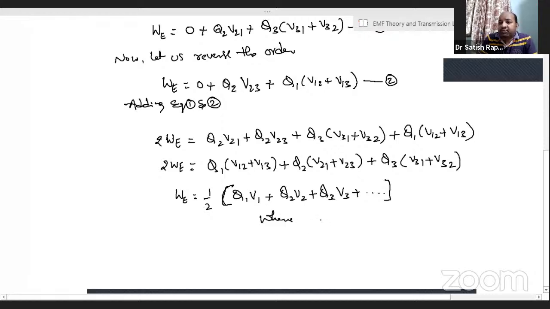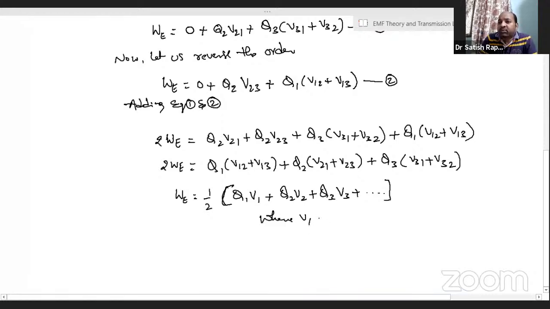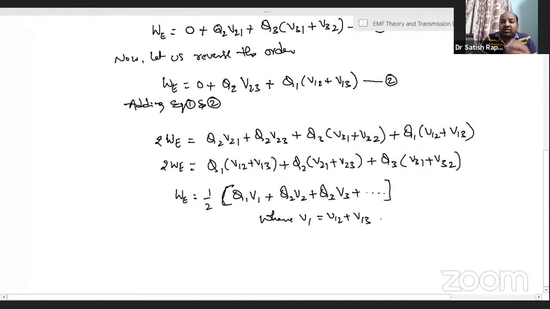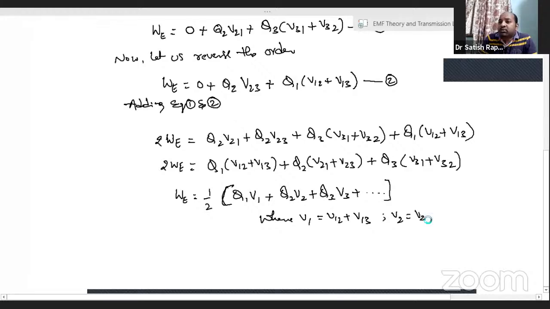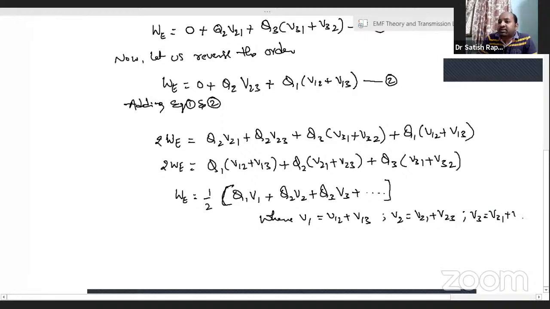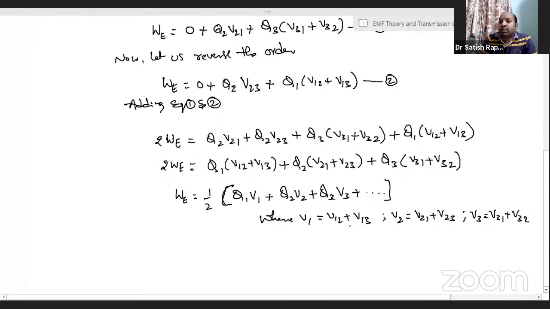Here V1 is equal to V12 plus V13 and so on. If n number of point charges were considered, it will be sequential like this. And V2 is equal to V21 plus V23, and V3 is equal to V31 plus V32, right?